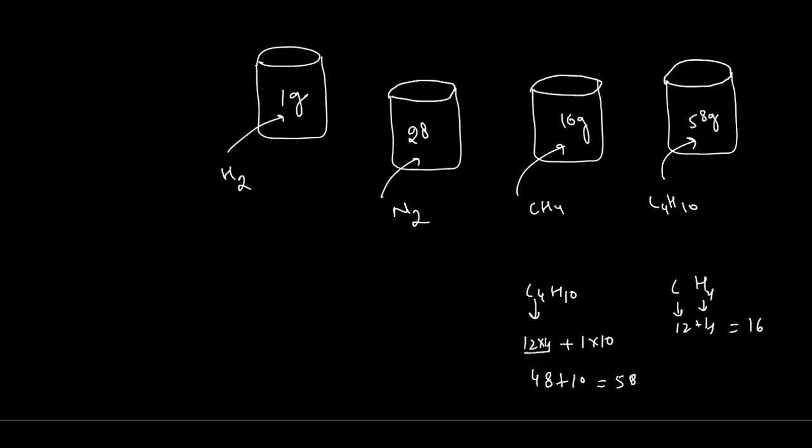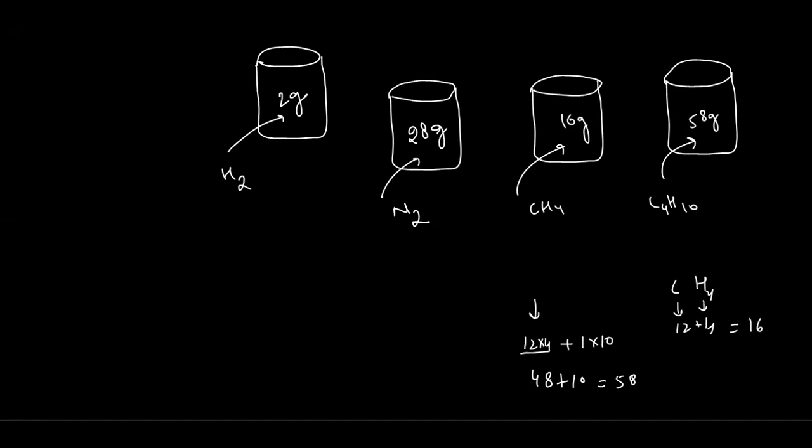So we have 2 grams of hydrogen, 28 grams of nitrogen, 16 grams of methane, and 58 grams of butane. These are the four gases.